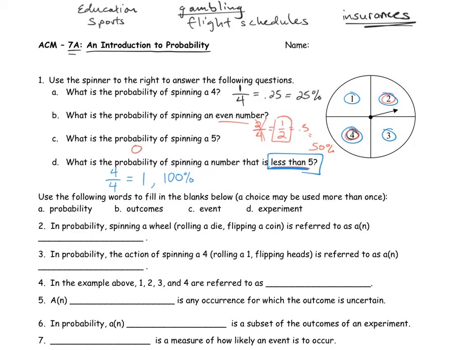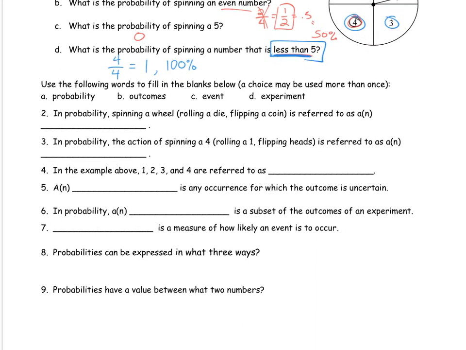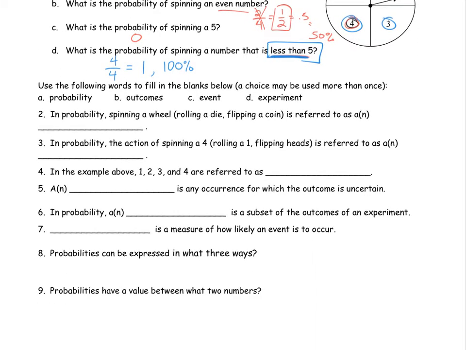Now some vocabulary to hopefully get this probability stuff working out a little better. It says that we can use the following words to fill in the blanks. A choice may be used more than once.